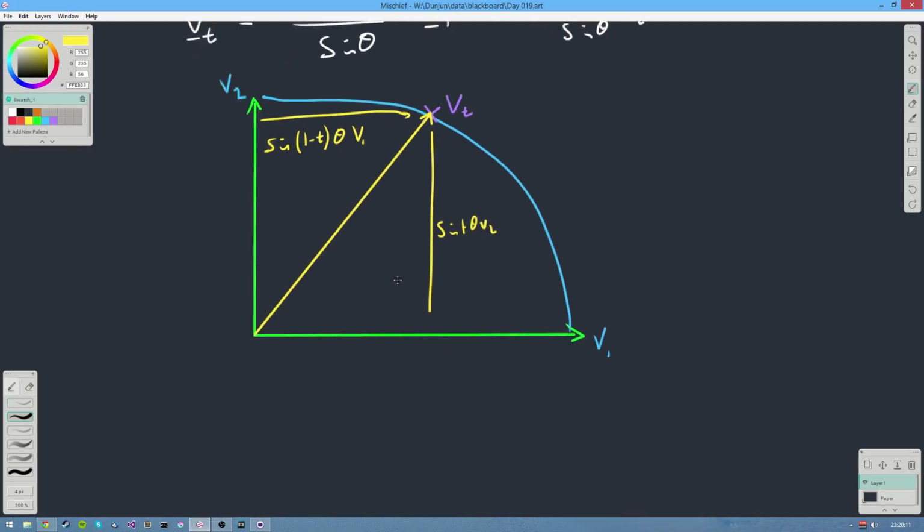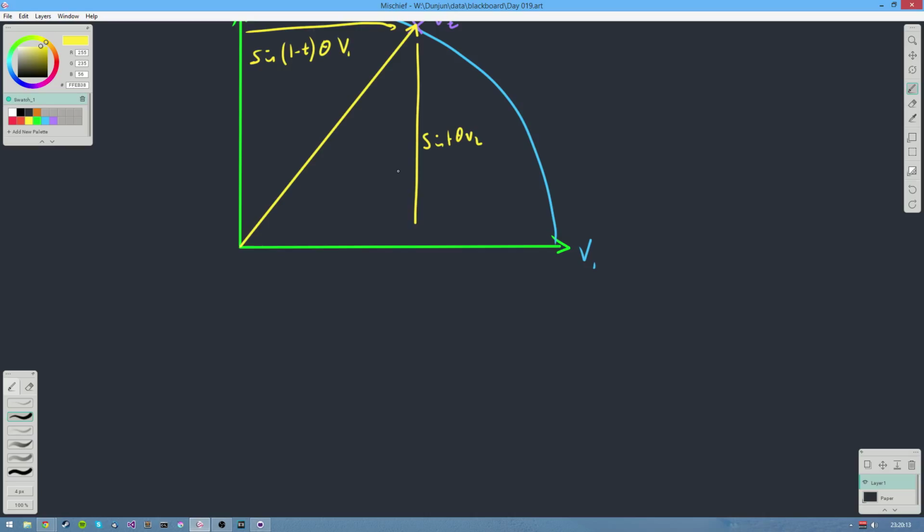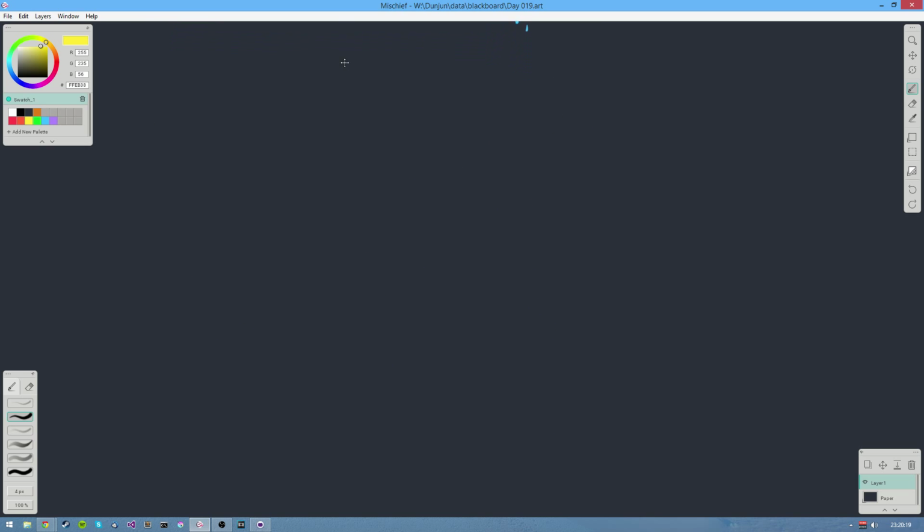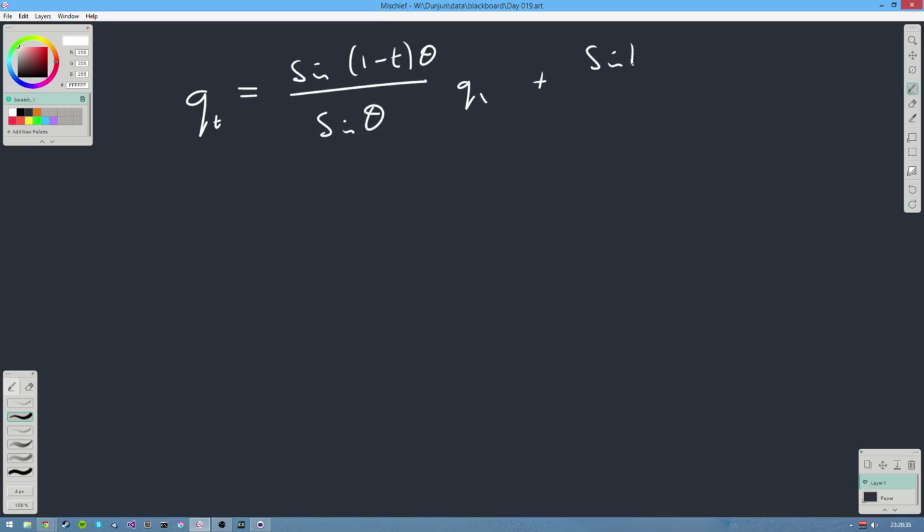So this formula can be applied to unmodified quaternions. We change where v is with q. So this slerp function now becomes qt equals sine of (1 minus t) theta all over sine theta, q1, plus sine t theta over sine theta, q2.